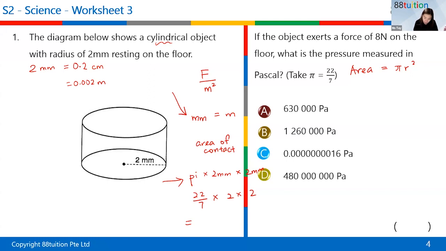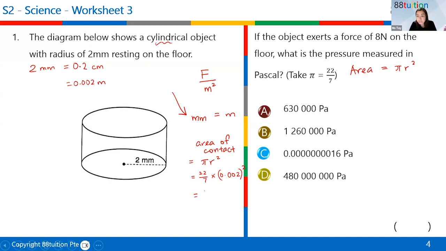Now you put into your pi r squared. So I have to change this already. Maybe I can redo it. So area of contact, pi r squared. 22 over 7 times 0.002, bracket square.